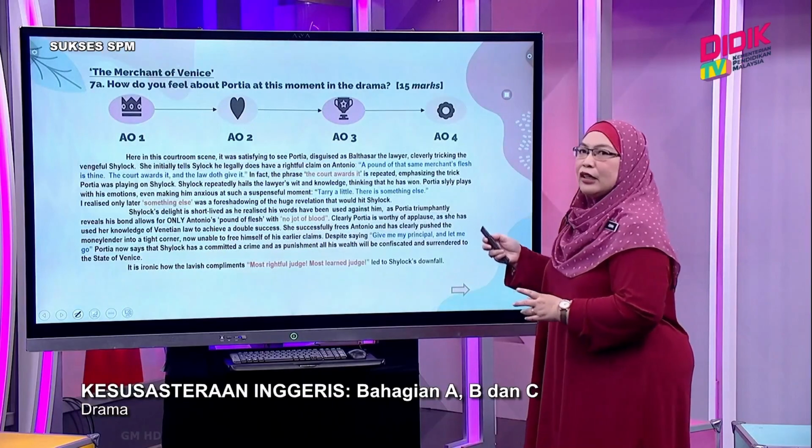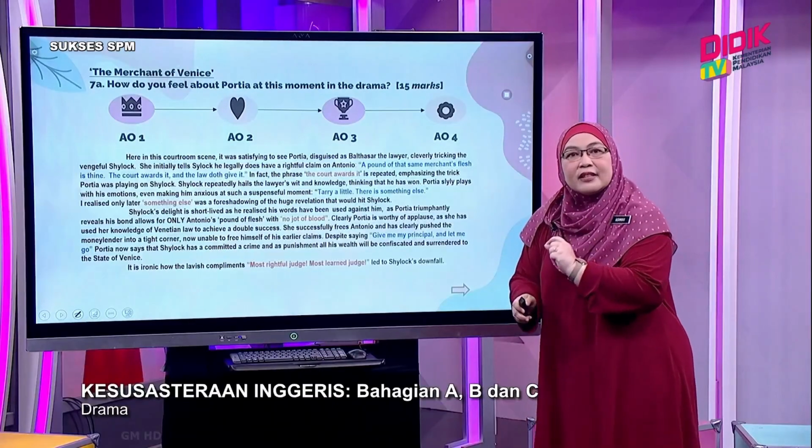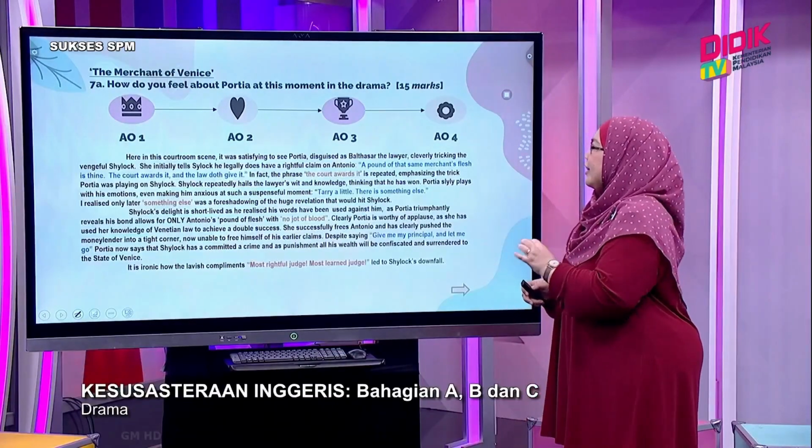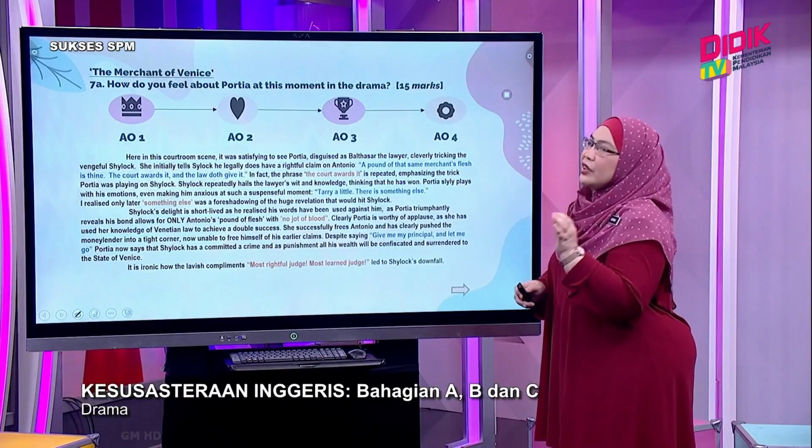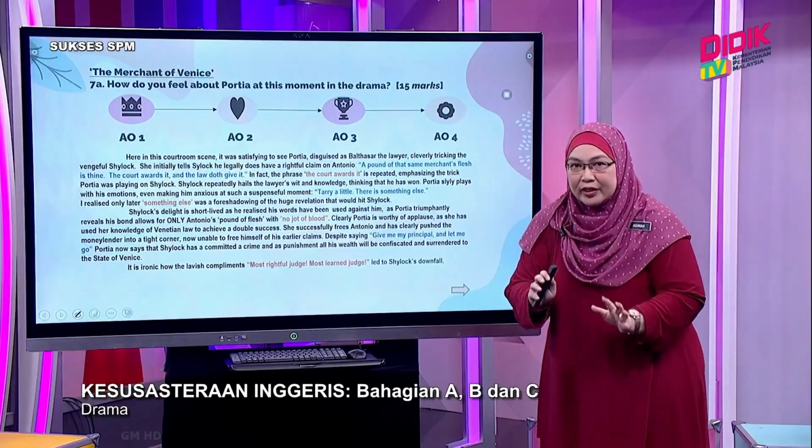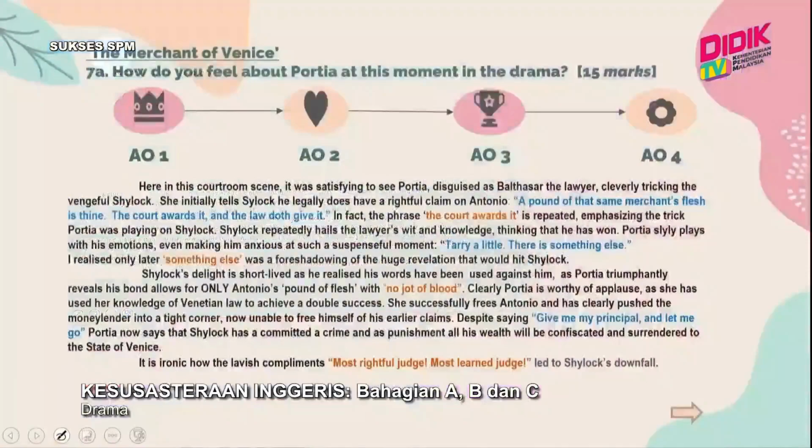So, let's take a look at some of these points that are here. In this courtroom scene, it was satisfying. That's what I've put there. It was satisfying to see Portia cleverly tricking the vengeful Shylock. Who's saying that? I'm saying that. And when I say that in my essay, that's clearly AO4.